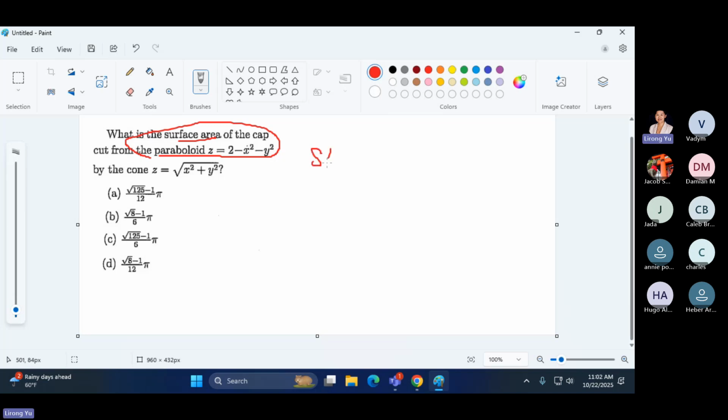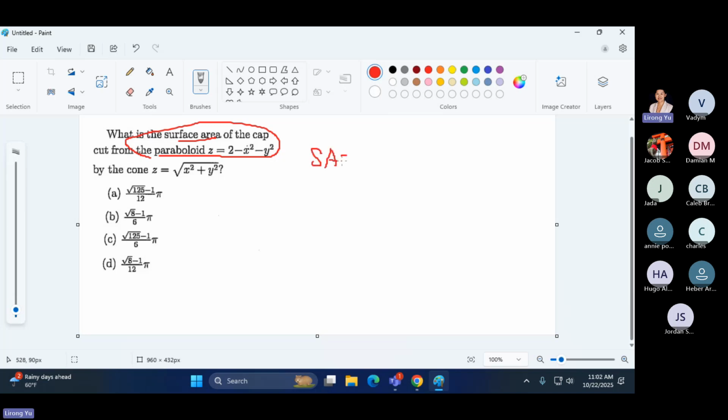Our surface area formula is this: surface area is equal to a double integral of the square root of 1 plus fx squared plus fy squared, the partial derivative in x squared and the partial derivative in y squared, where f will be 2 minus x squared minus y squared.